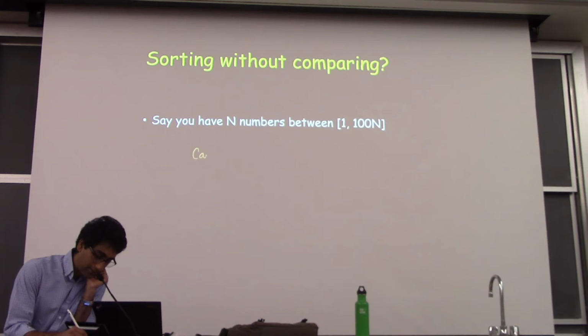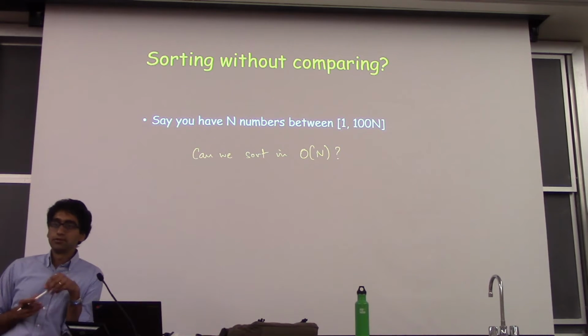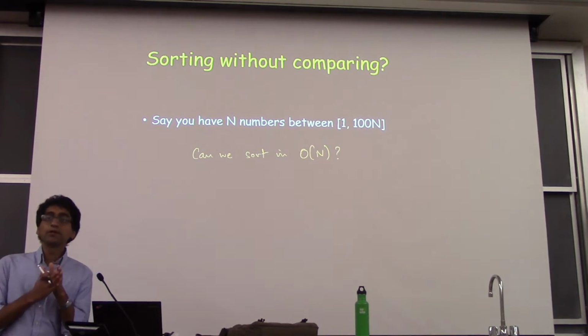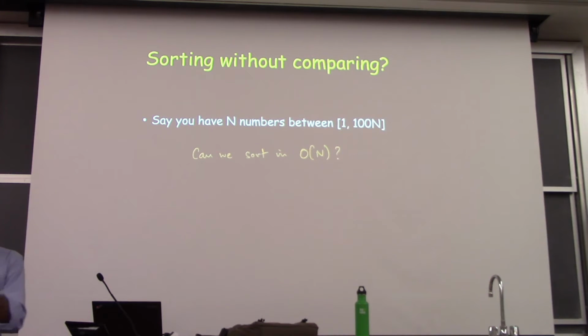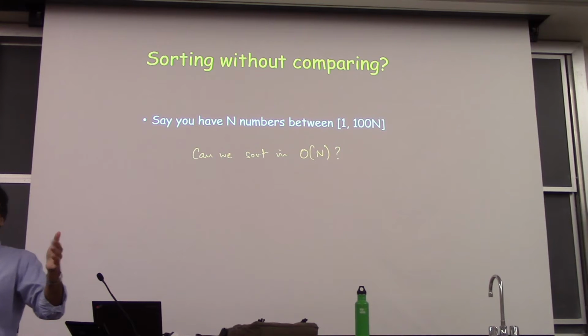Can we sort in O of n? So I tell you that all the numbers lie between 1 and 100n. Okay? So the range is quite limited.